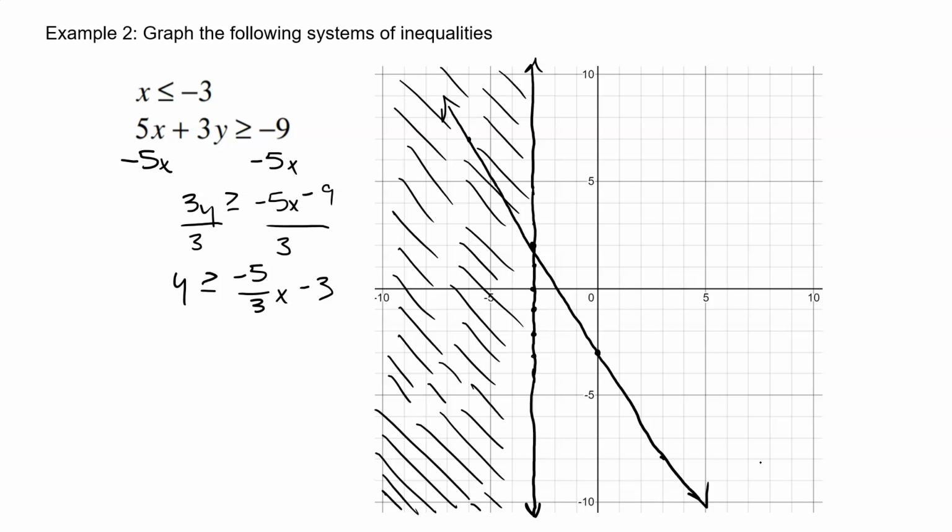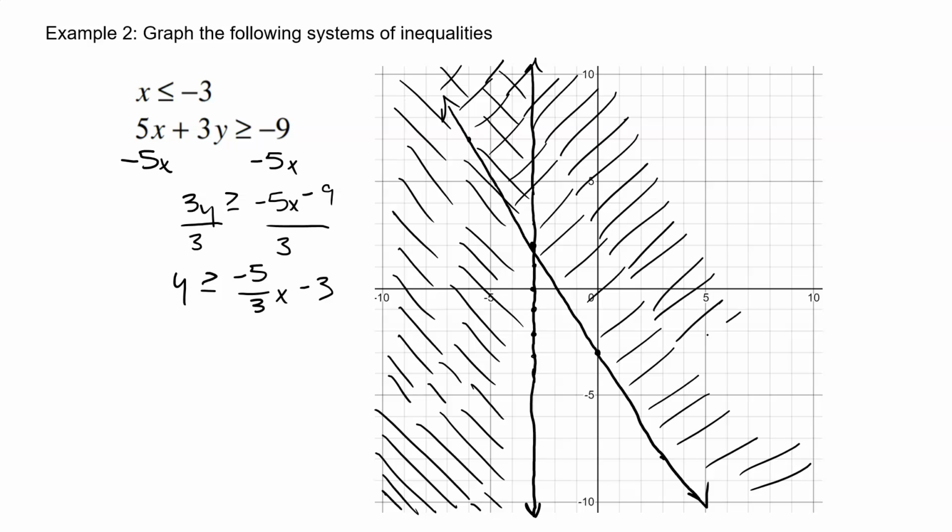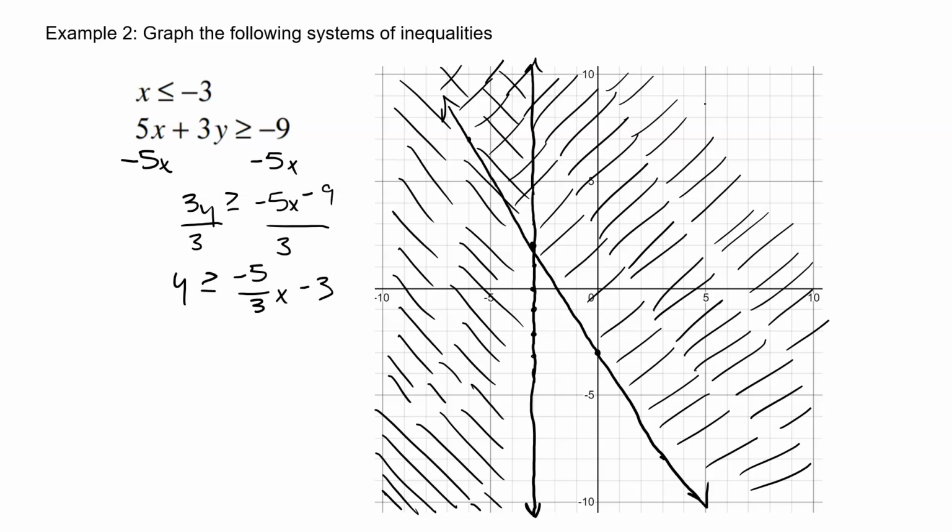So I'm going to shade everything above using hatch marks going a different direction. So that should look something like this. And then our overlapping region would be right here.